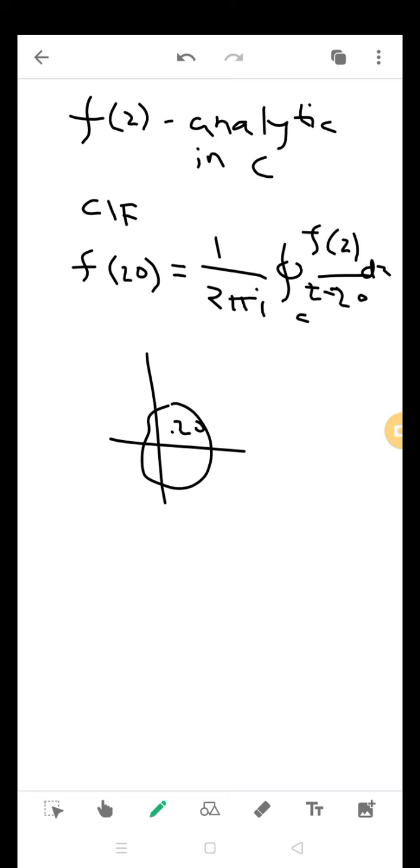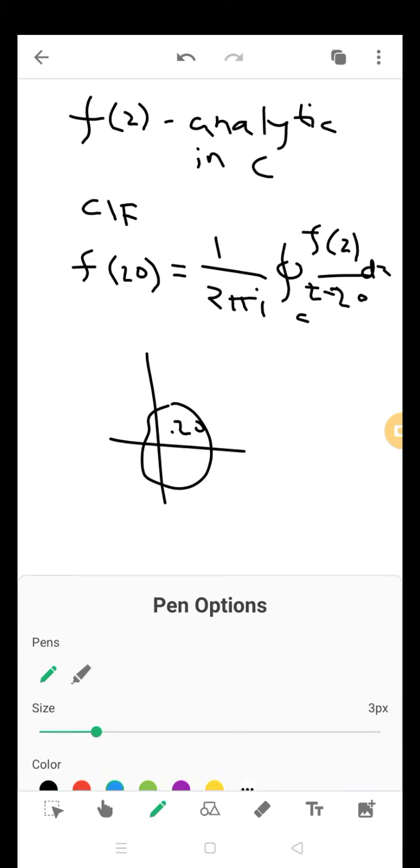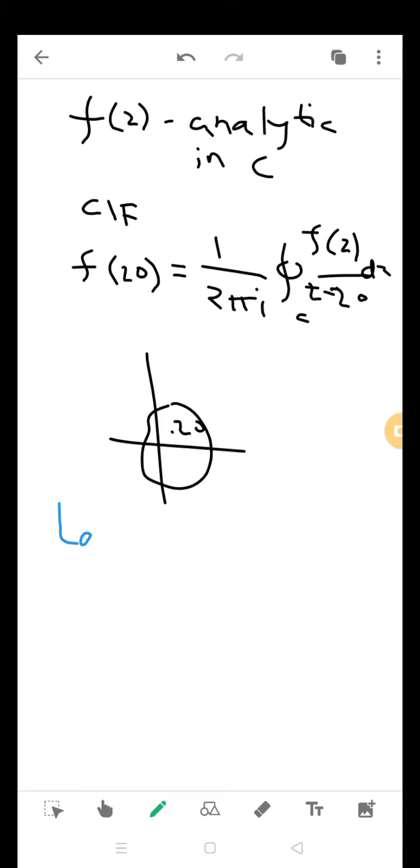Now there is another theorem which is called the Laurent series.